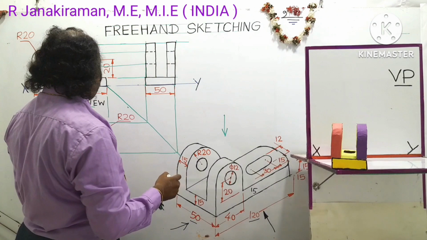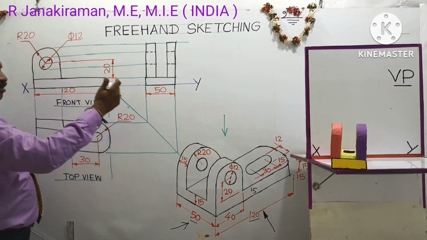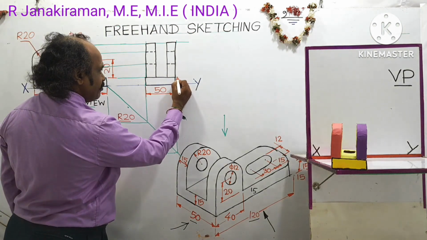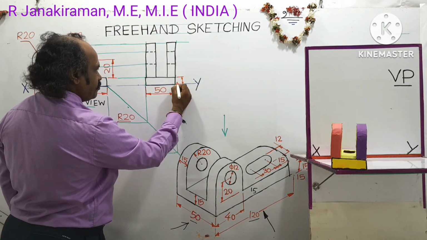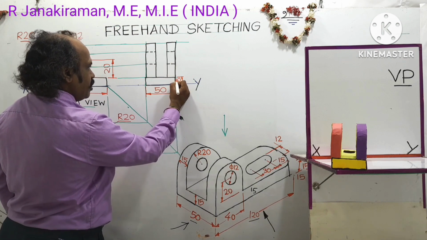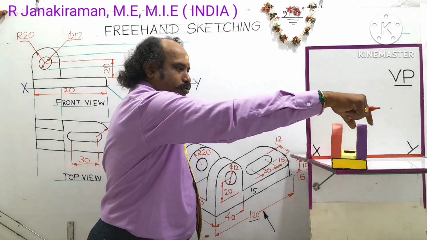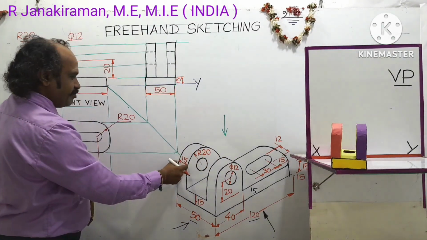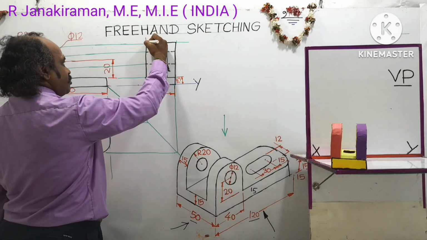The overall height of the object is projected from the previous front view. The base thickness is to be marked. The base thickness is given as 15 mm. Okay. And what is the thickness of this part? Here on the red part and on the blue part, the thickness is given as 15 mm, taken from the diagram. Okay. So draw an extension line.